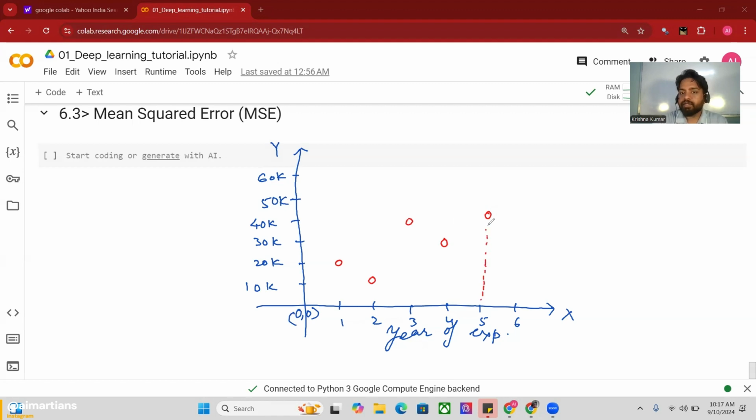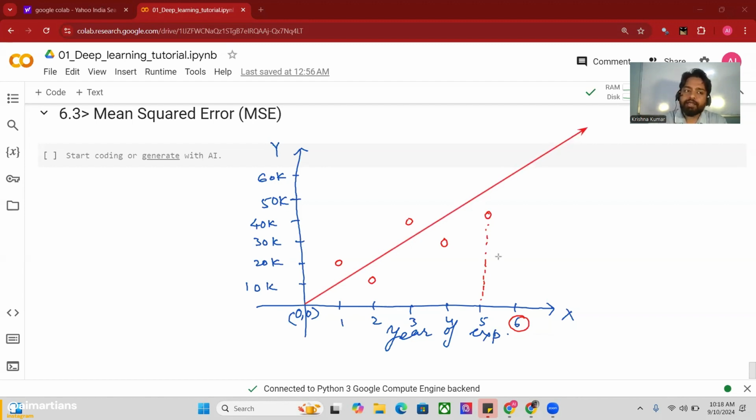Okay, so now the problem is anybody can ask me, can you calculate what should be the salary of this person? Then I have to tell them an approximate value. Okay, but how can I calculate? That is the problem. So here we generally take help of the graph system, because I created a graph, and I will simply try to draw a line something like this, which will go through all the data points.